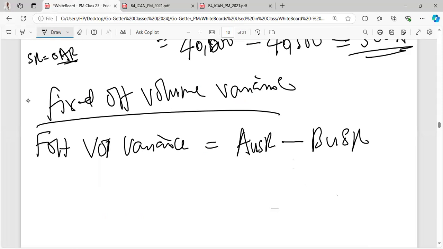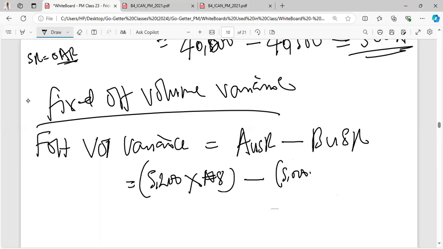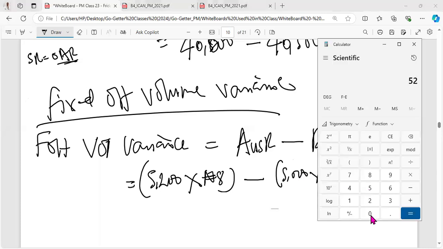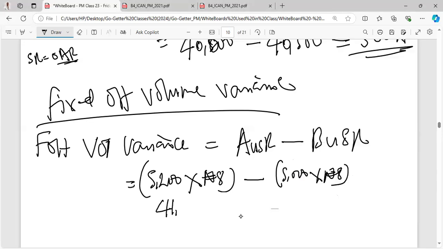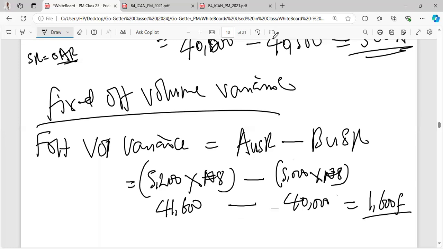Actual unit is 5,200, standard rate, which we calculated as 8 naira. Budgeted is 5,000 at 8 naira. So 5,200 multiplied by 8 gives me 41,600 minus 40,000, which is 1,600 favorable. That's what we got here.